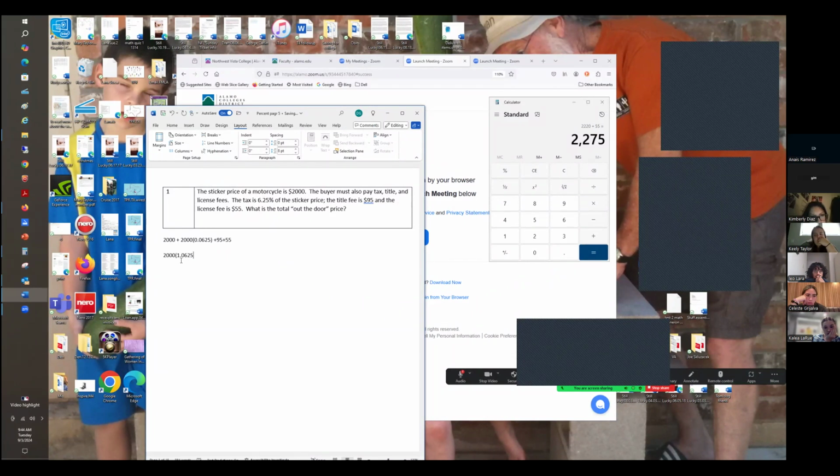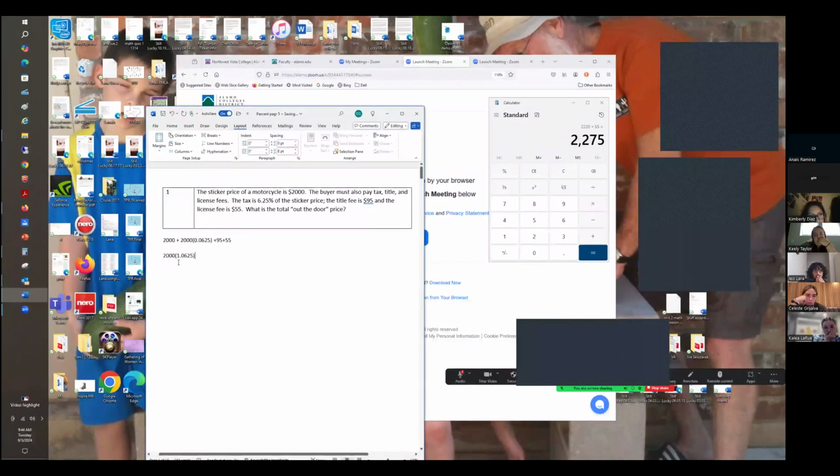Now the 1 stands for 100%. So if I take 2,000 and multiply it by 1, I get 2,000. If I multiply it by 0.0625, that part's the tax. So this is the price, including the tax.